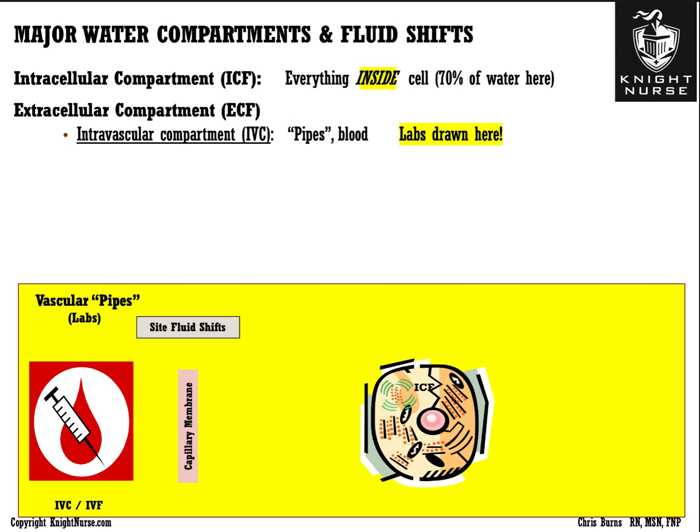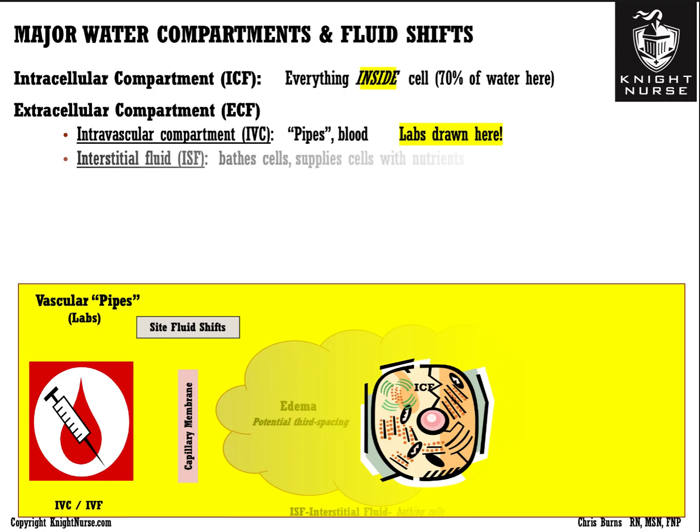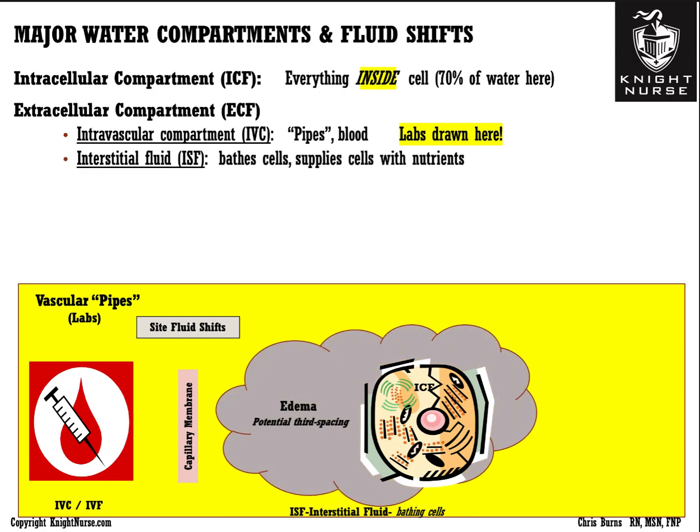So whenever you see a lab value, you need to orient yourself that that is the vascular level, that's the vascular sodium or potassium measurement. So we have the pipes. Then we have the interstitial fluid, which is the fluid around the cells that bathe the cells.